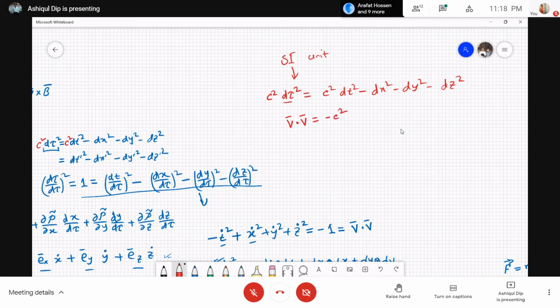So what does it really mean? It means your v has a norm of c, right? If we ignore the -1. You don't ignore it, actually; it's the way you define it. We added a minus sign there. When we talk about the norm of v, it is defined as the square root of negative v dot v. This is the definition.